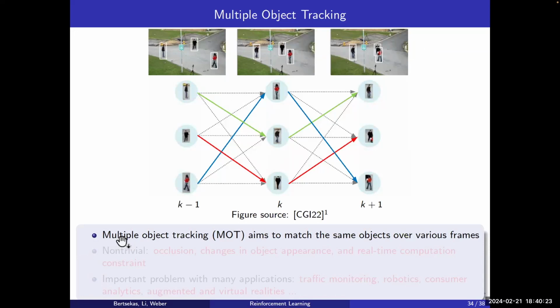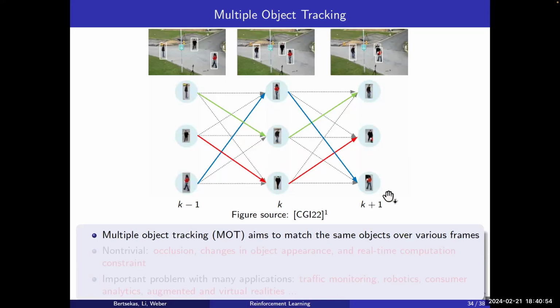This is precisely what the multiple object tracking problem aims to do: match the same object over various frames. And if we list all the objects in one particular frame and do this frame after frame, then matching the same person over various frames would, loosely speaking, look like matching over this layered graph.